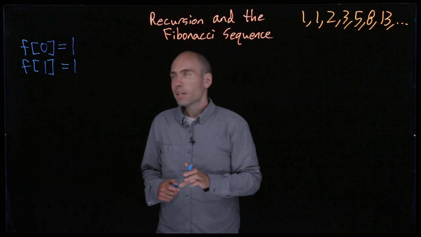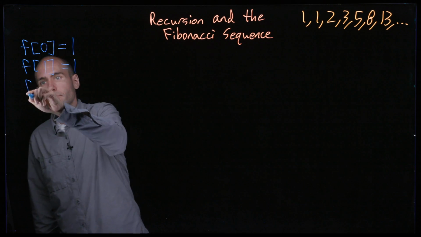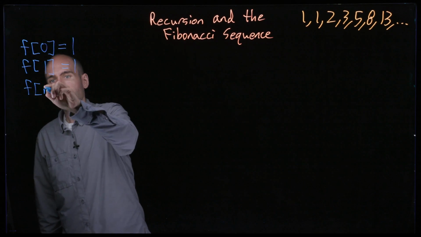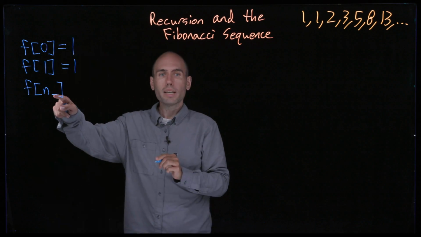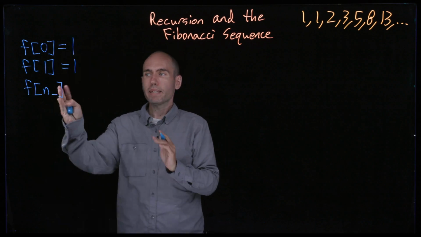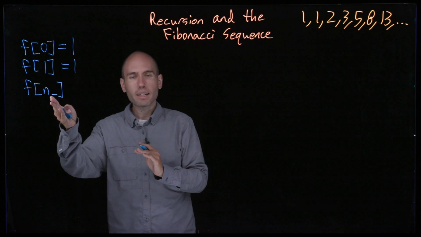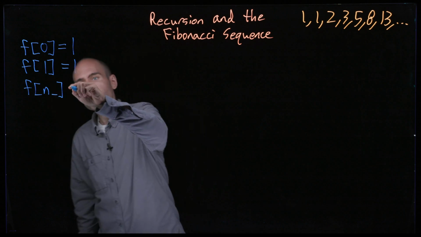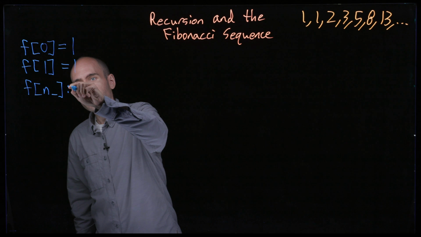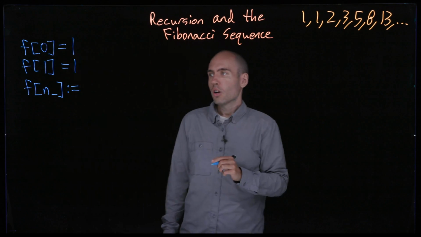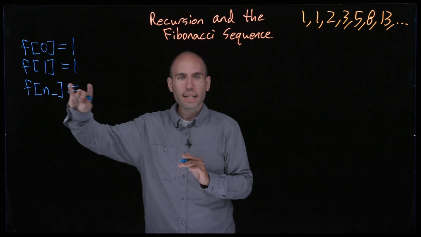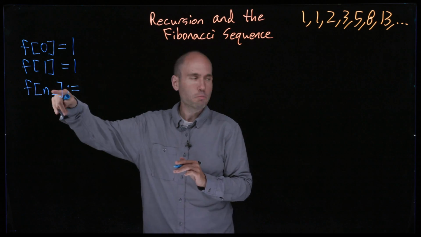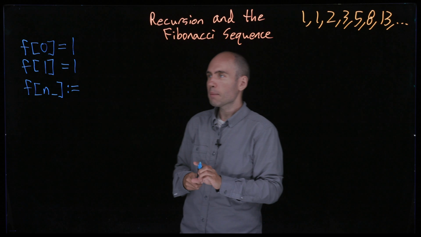And now here's where it gets interesting. I use a pattern here. So this doesn't mean n. This means anything I plug in, let's call it n. And then colon equals, so that says don't try to compute it now, try to compute it later when I call f bracket 17, for example.